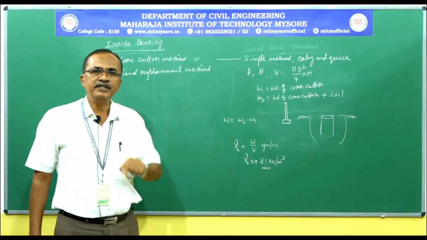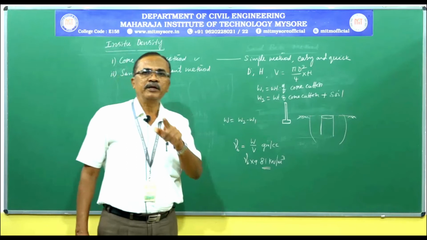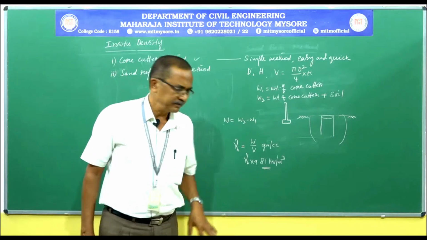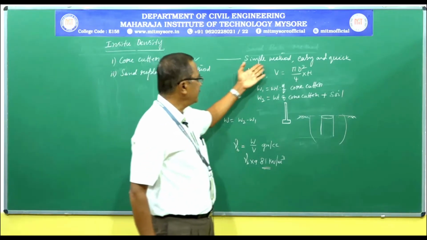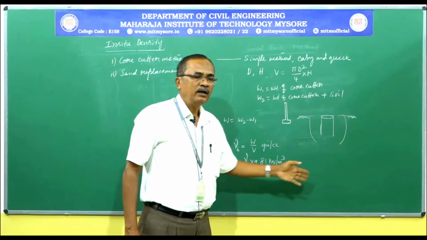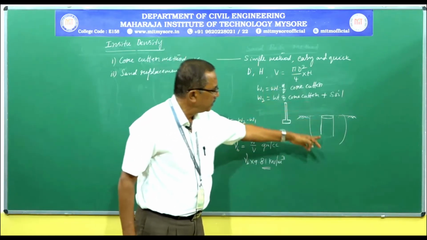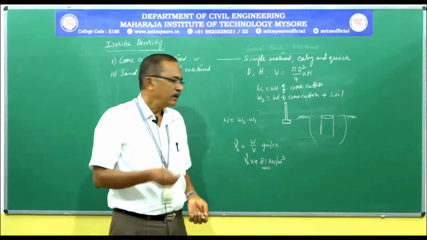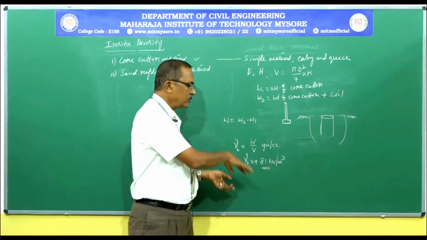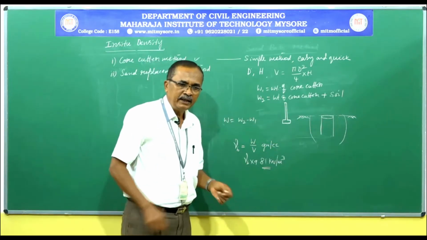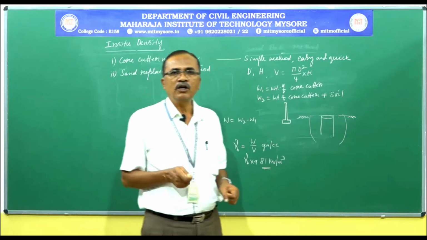After determining the field density, we can also determine the dry density and dry unit weight. We conduct this experiment, remove the core cutter, and bring it to the laboratory. In the laboratory, we again remove the soil from the core cutter.